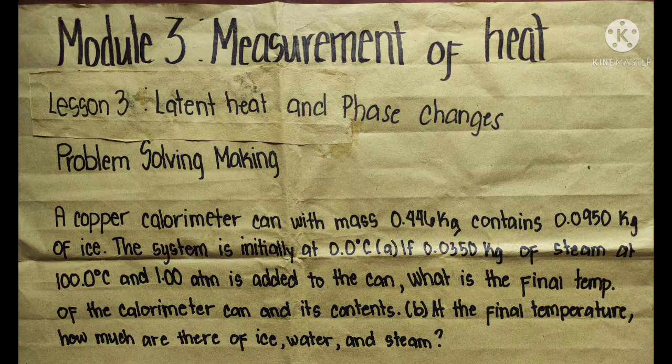If 0.0350 kilogram of steam at 100 degrees Celsius and 1.008 atm is added to the can, A, what is the final temperature of the calorimeter can and its contents? B, at the final temperature, how much are there of ice, water, and steam?